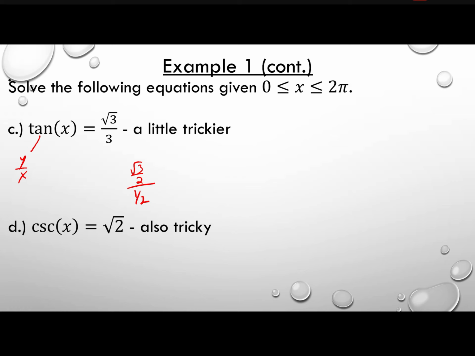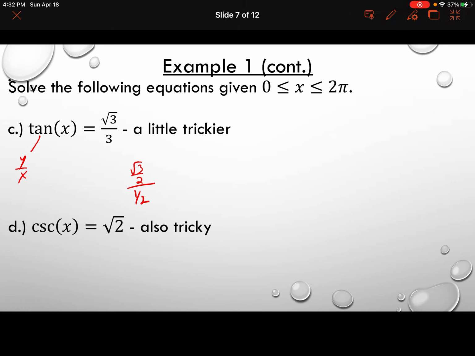Now, we can narrow down our answer a little bit. The value they give us is square root of 3 over 3.